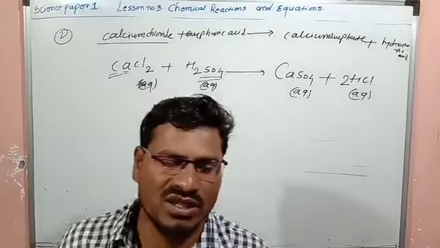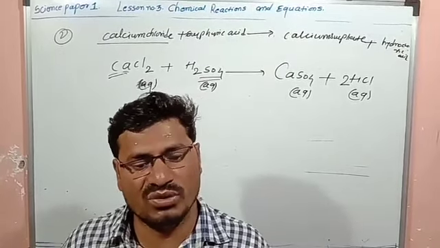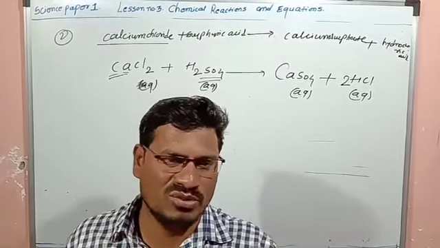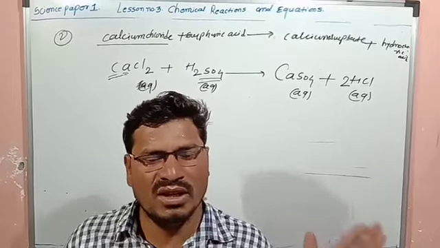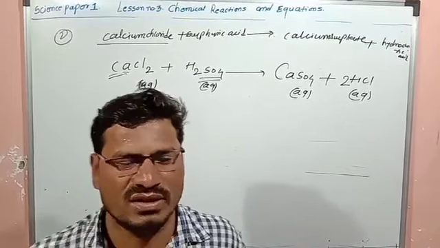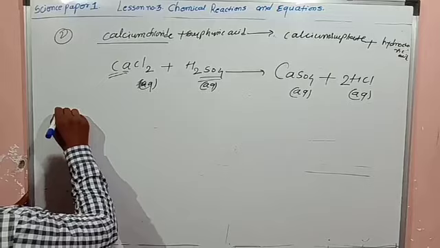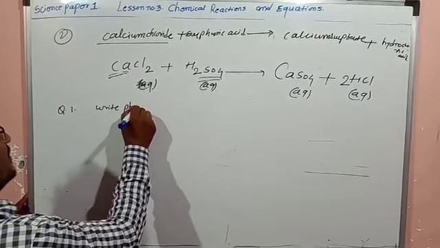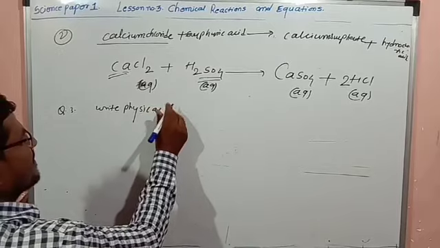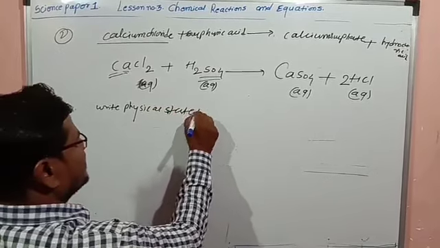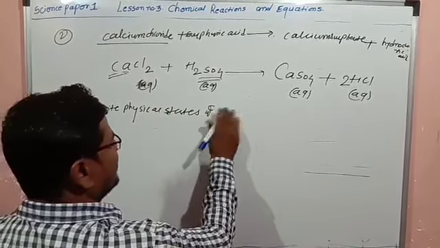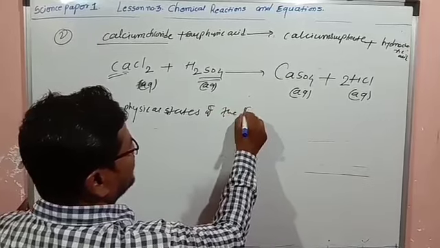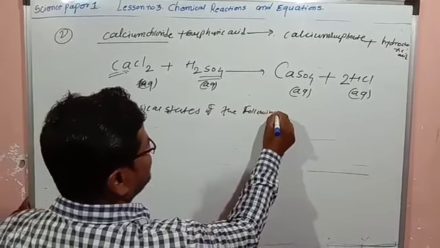So the next, third question is there, and in the third question you have to write the physical states of the two reactions, in which SO2 plus H2S. Question number 3: write the physical states of the following reactions.